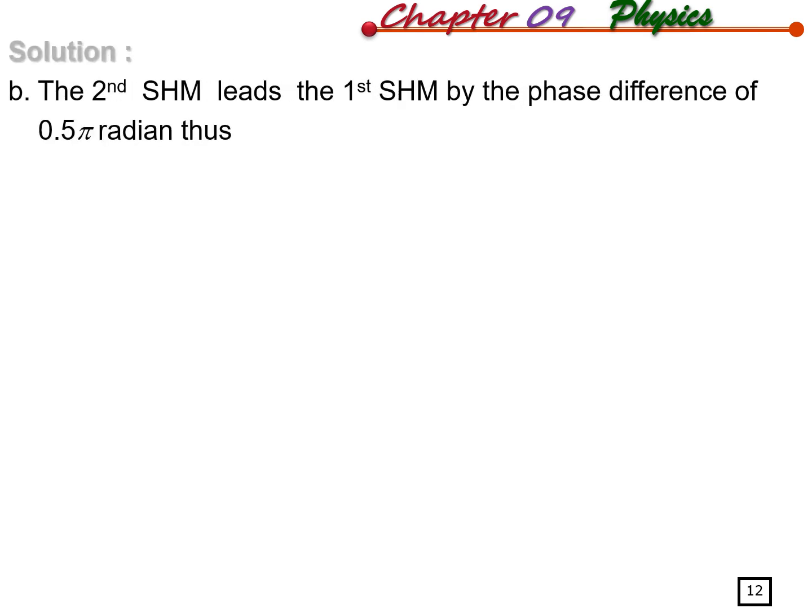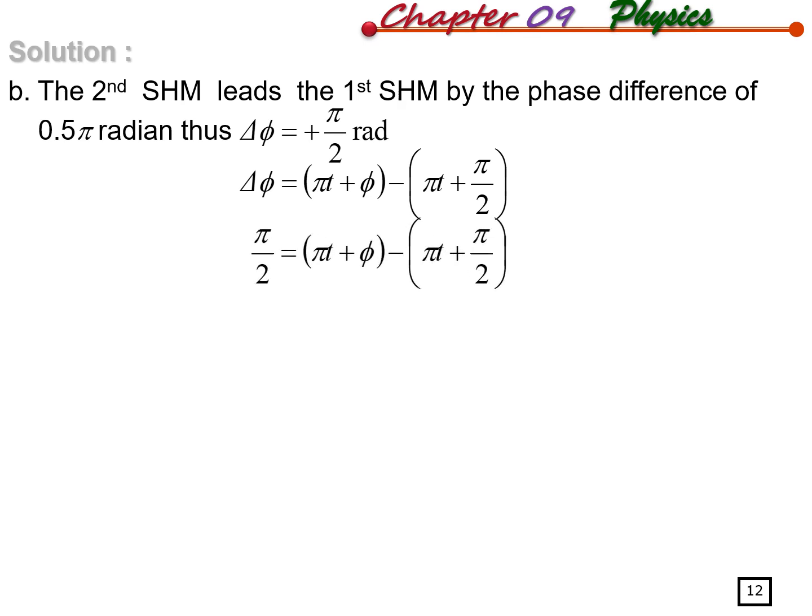And then you have another simple harmonic motion which leads by a phase difference of 0.5 radian. So that means you add up another pi over 2 with the initial phase, which will end up with pi radian.